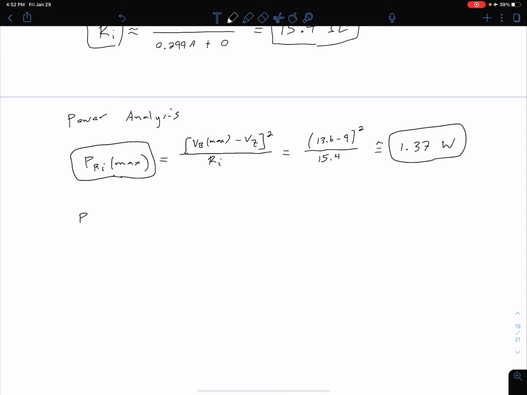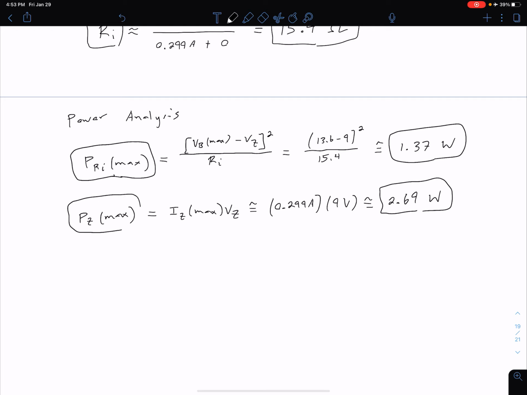Let's also analyze the power for our Zener diode. The maximum power for our Zener diode, P sub Z max, is just equal to the maximum current times our Zener voltage, so IZ max times VZ. This is approximately equal to that 0.299 amps times the Zener voltage of 9 volts, and that gives us approximately 2.69 watts.